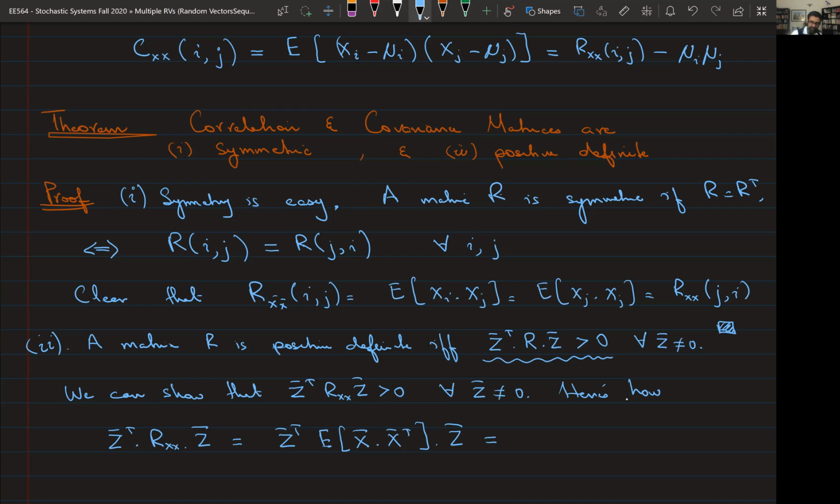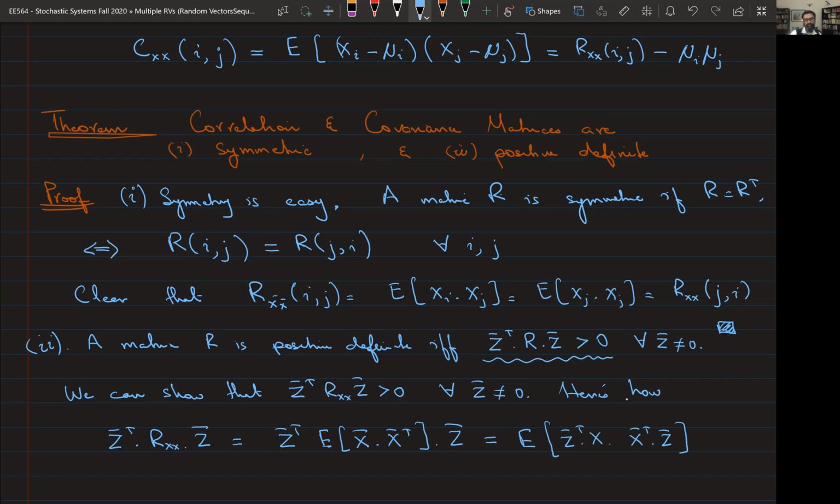Because expectation is linear, I can take the product inside the expectation. If I can bring it out, I can take it inside as well. It doesn't really make a difference, right? So this is the expected value of Z transpose times X times X transpose times Z. Right? This is what I get.